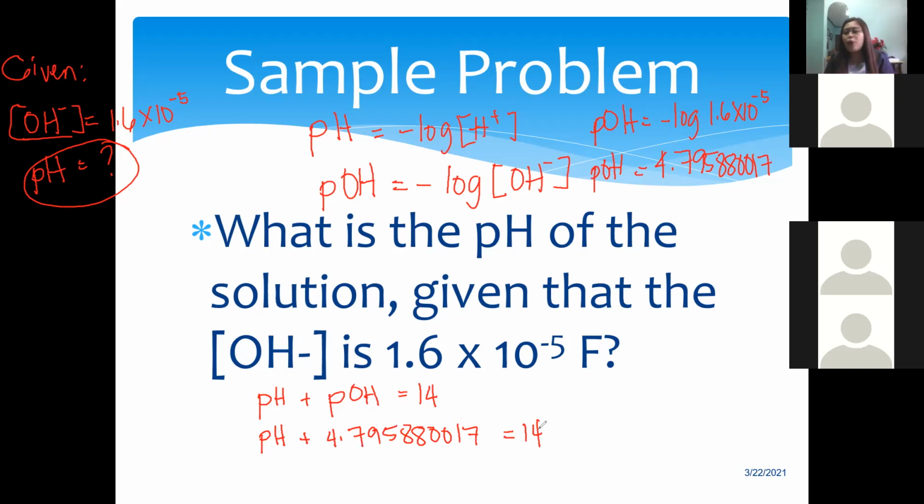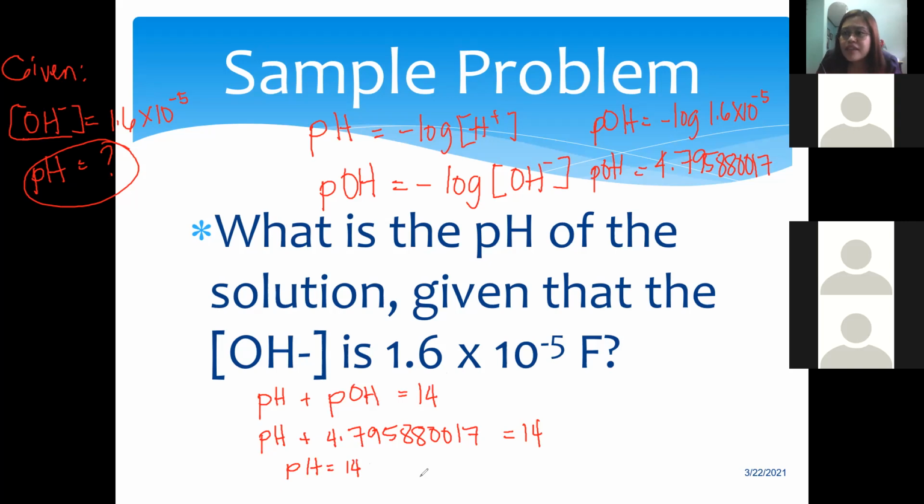So, ang susunod na gawin, kung ang operation involved is either addition or subtraction, you do transposition. Sa Bisaya, ibalhin. Sa English, we do transposition. We transpose this one. So, this will become pH is equal to 14.